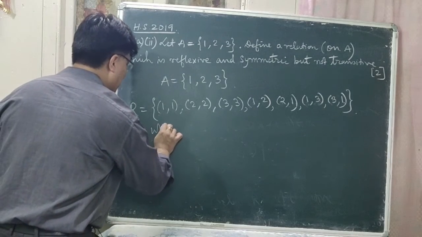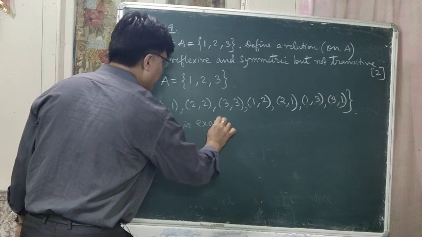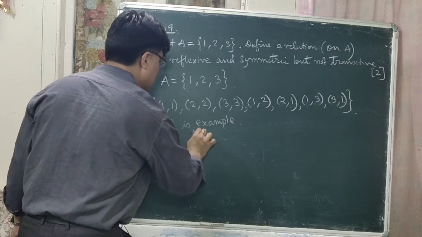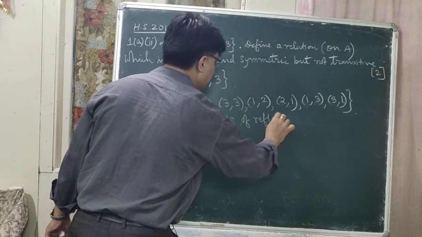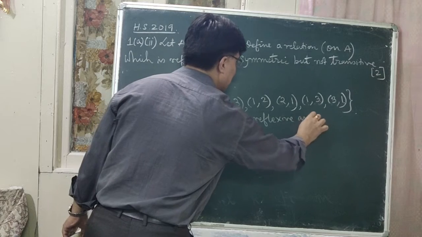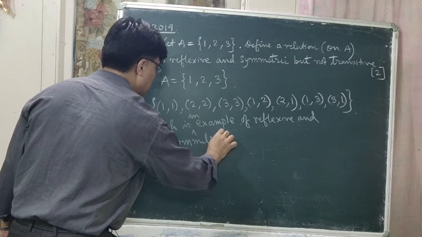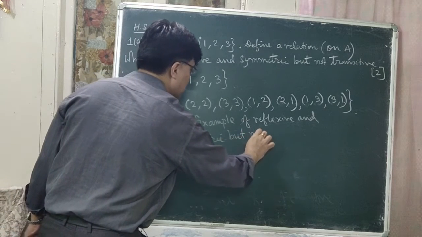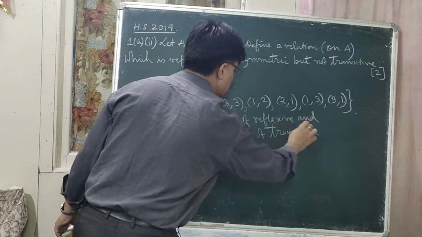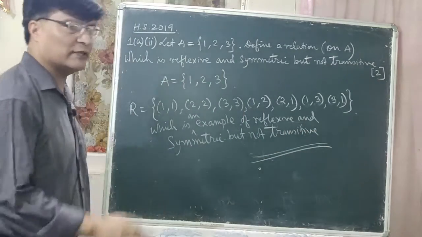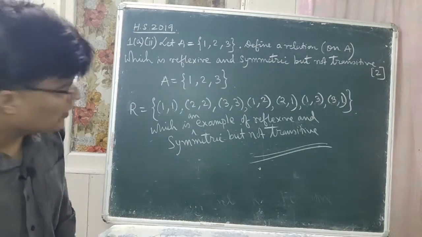So this is an example of a relation which is reflexive and symmetric but not transitive. This is the definition of the relation which is reflexive and symmetric but not transitive. So you can copy it.